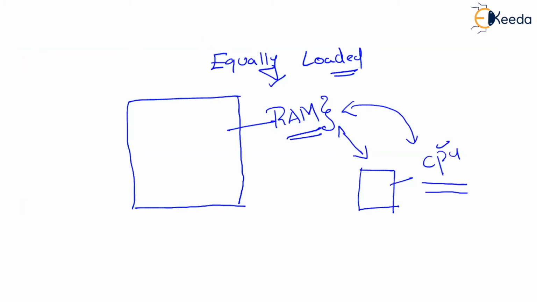A fan is associated with that. But on the other hand, this RAM is not as strong as the CPU. Take the CPU in one hand, take the RAM in the other hand. You can clearly see the difference.